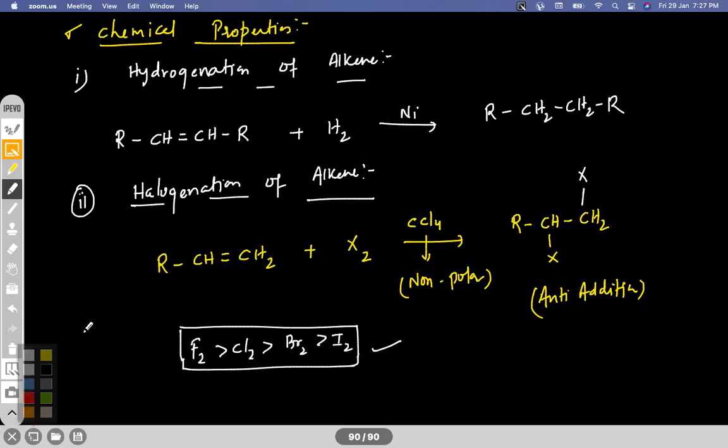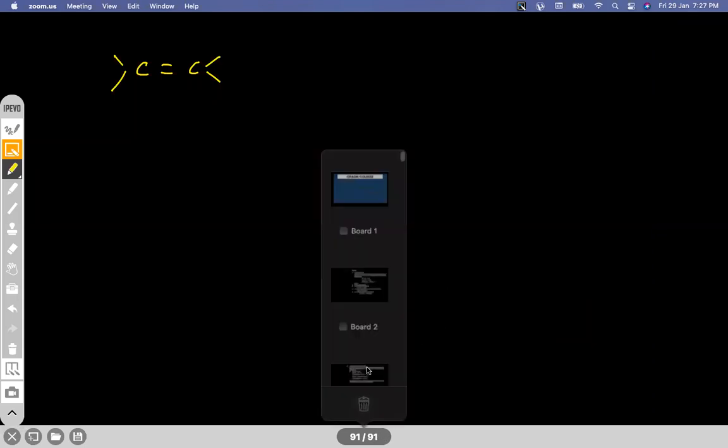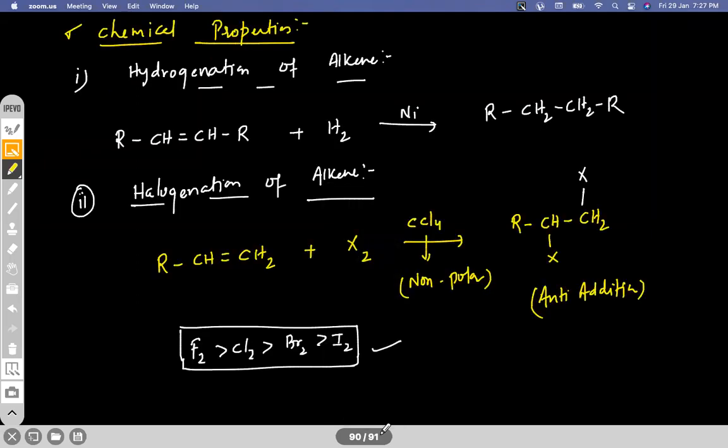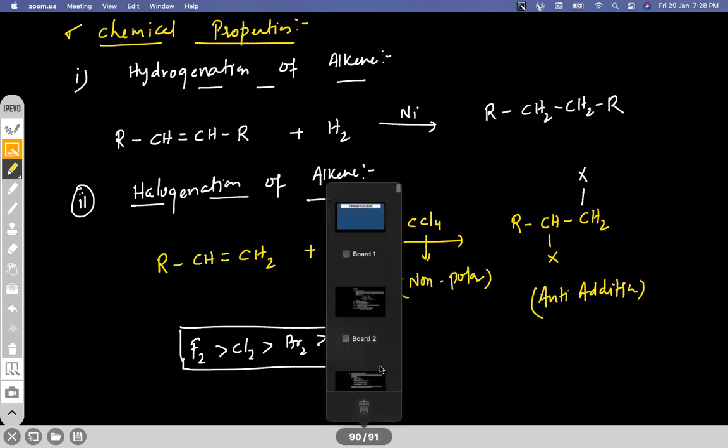See how this reaction actually takes place. Why it is anti, try to understand. Syn hydrogenation we understood: adsorption takes place and then it has to attach from the same side, correct? Now try to understand this.